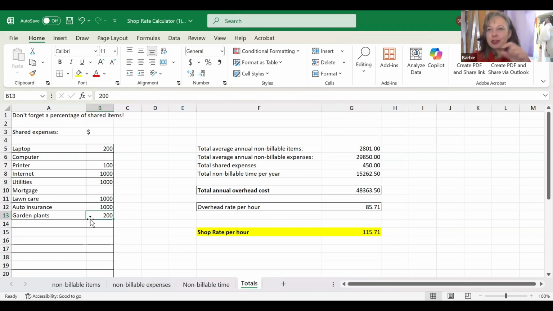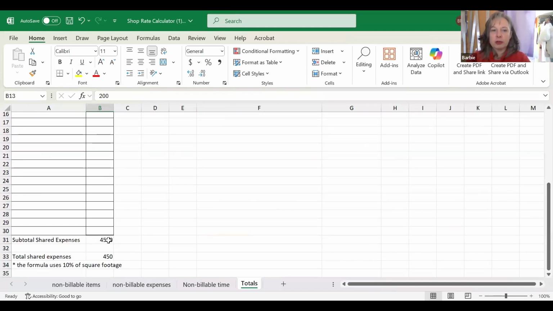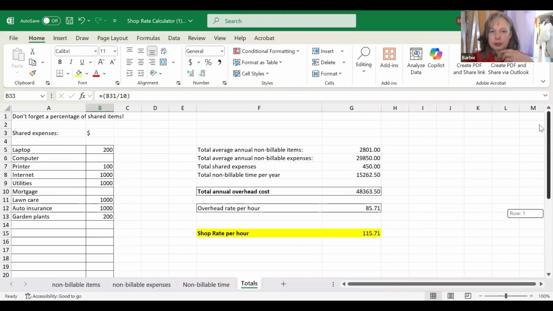And actually, I put them out front and then my gardener comes and puts them in for me so that I don't kill them. But anyway, things like that are all considered shared expenses because they are part of the house, but they are, in essence, for your sewing room. So that'll give you a little subtotal for things there, and then divide this out by the percentage for your business.